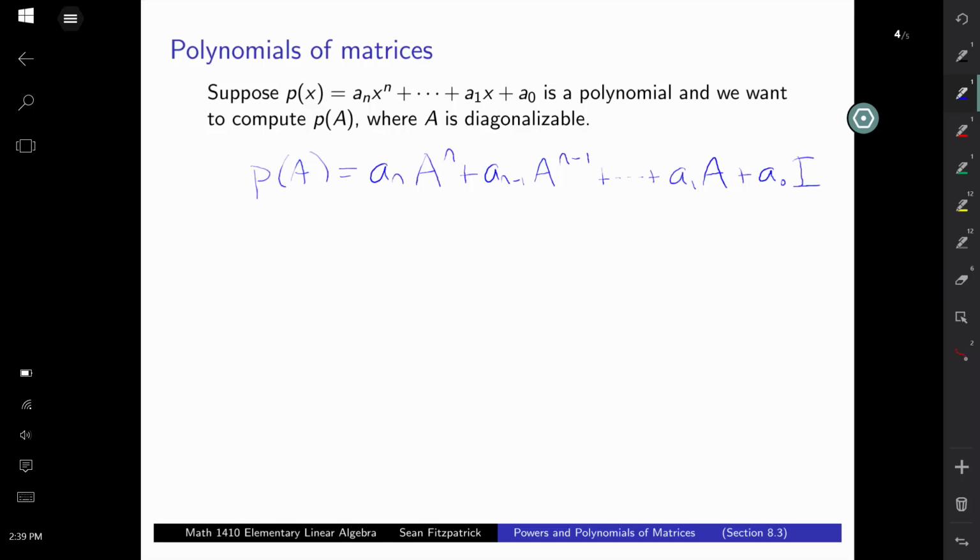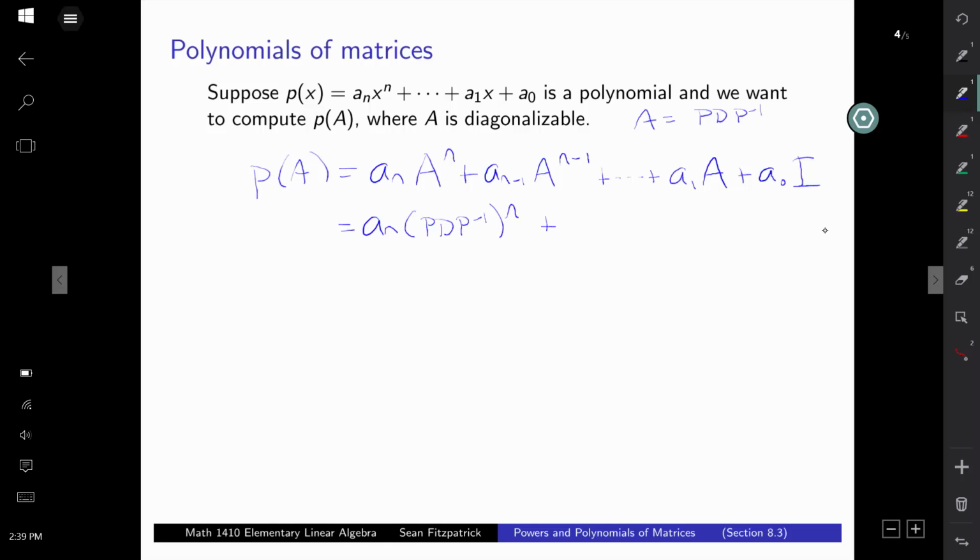Okay. Now, if A is diagonalizable, then as we did on the last slide, we know that we can write A as P D P inverse. So you can plug that in everywhere. a_n times (P D P inverse) to the n.